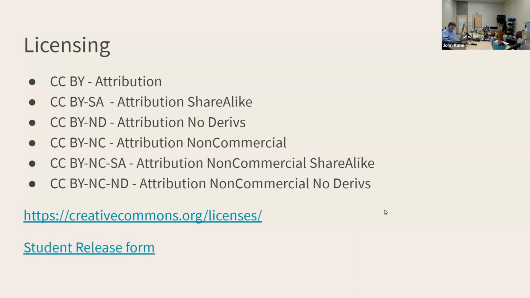And one thing, I haven't done this and I probably should, but if students are going to be creating work that's published, you could ask them for a release form. That document is available as a CC BY document, so you're free to use it.